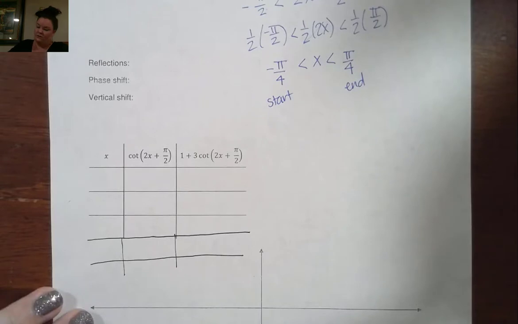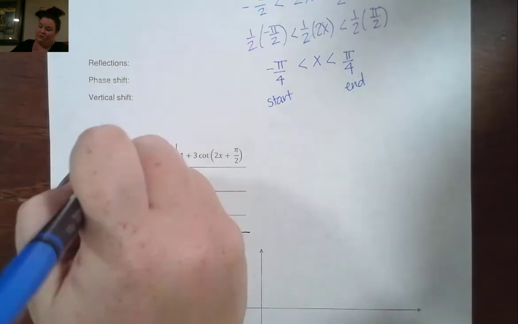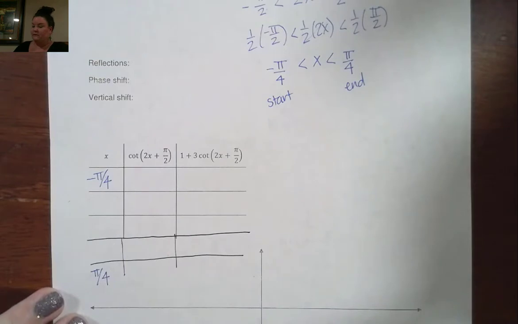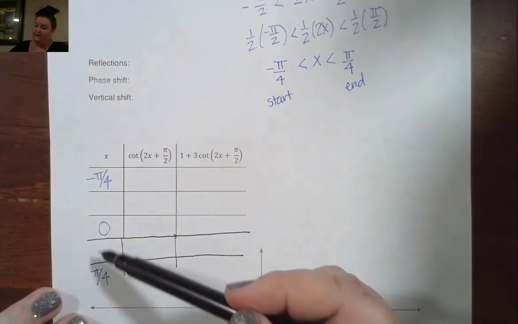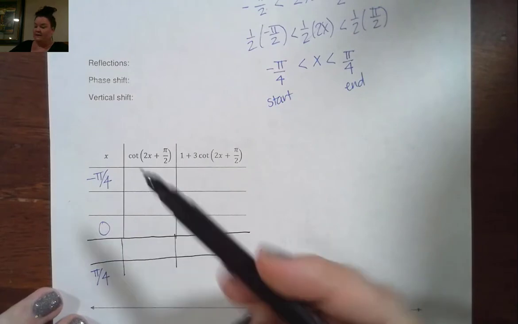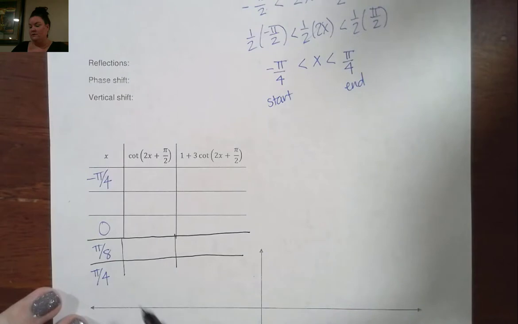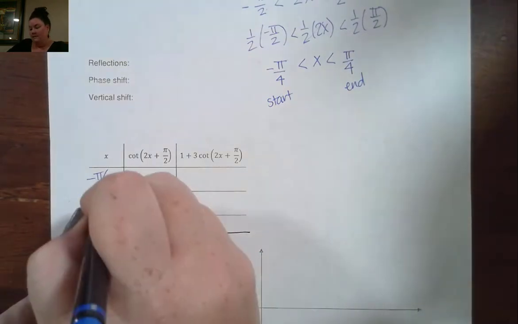Our starting is negative pi over 4. Our ending is pi over 4. The absolute middle is 0. And halfway between 0 and pi over 4 is pi over 8. Again, you can just multiply this by a half. This is negative pi over 8.